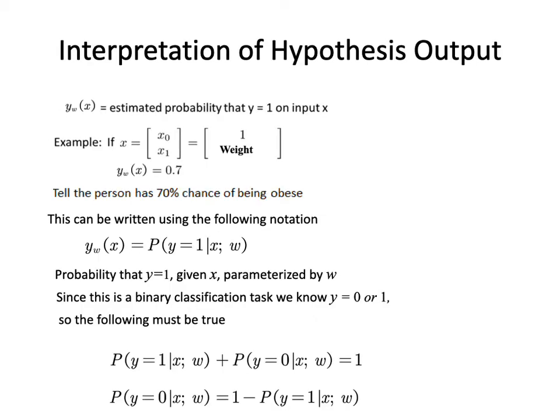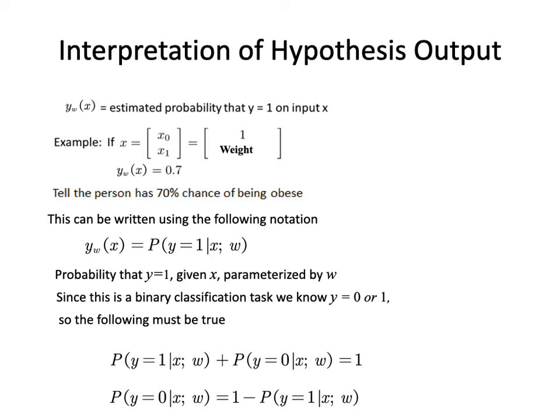As mentioned earlier, instead of just predicting the class, logistic regression gives us the probability of the instance being that class. So for a given data set where the label is 1, or y is equal to 1, we can say that the output of the model y_w of x is equal to the estimated probability that y is equal to 1 on input x.